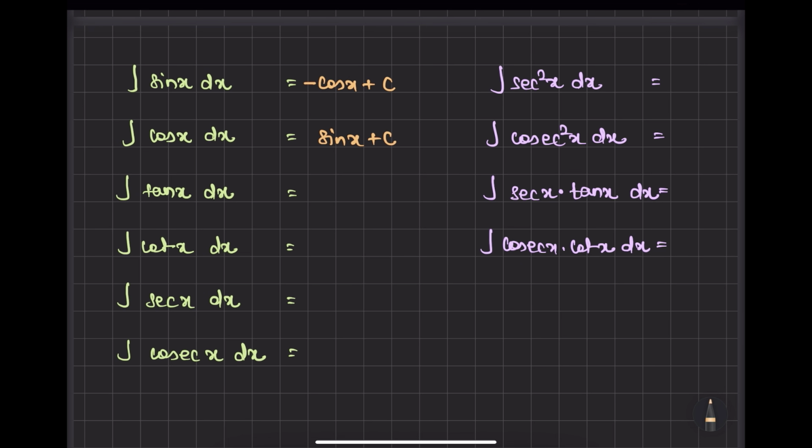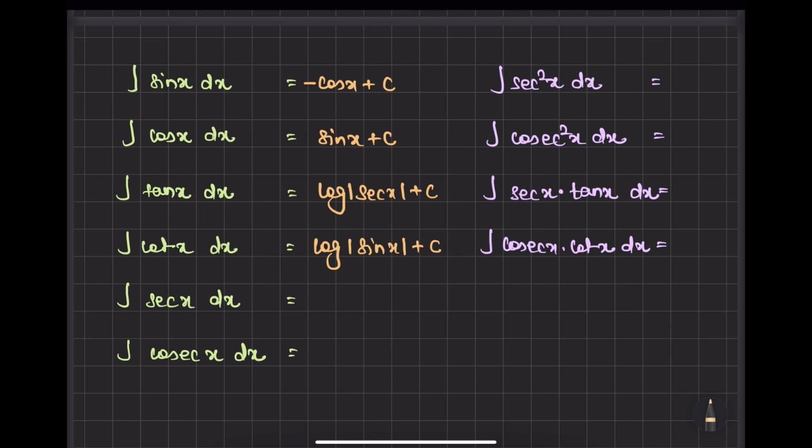Integration of cos x is sin x plus c. Integration of tan x is log mod sec x plus c. Integration of cot x is log mod sin x. Why am I putting mod? You know that sec x and sin x can be positive or negative, but the argument of log has to be positive. To keep that intact, we put the mod sign.